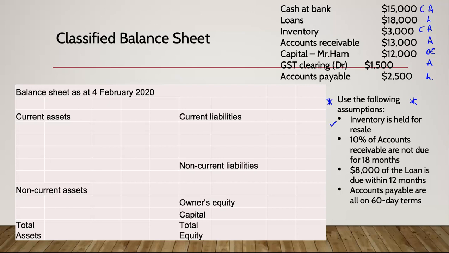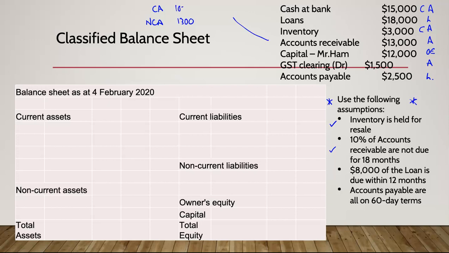A weird one here, which you're unlikely to see, but you can see that 10% of accounts receivable is not due for 18 months. So the accounts receivable is now going to be split up as current assets and non-current assets, because 10% of this, $1,300, will not be turned into cash within the 12 months.